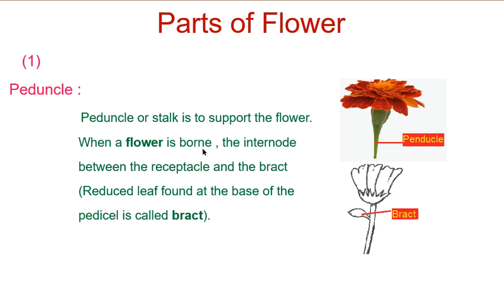When a flower is born, the internode between the receptacle and the bract is called the peduncle. What is a bract? A reduced leaf. You must have seen that the bract is quite small in comparison to the other leaves. It is found at the base of the peduncle.